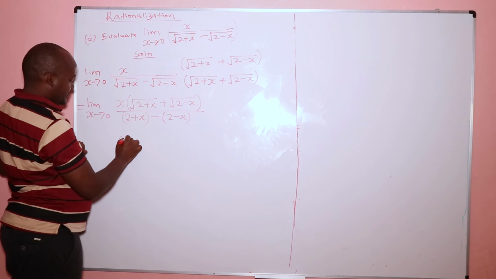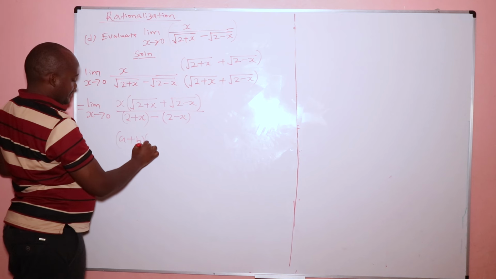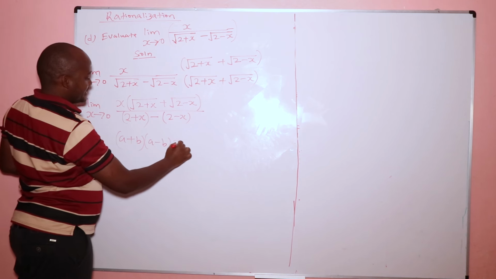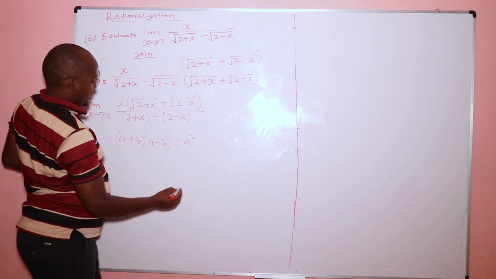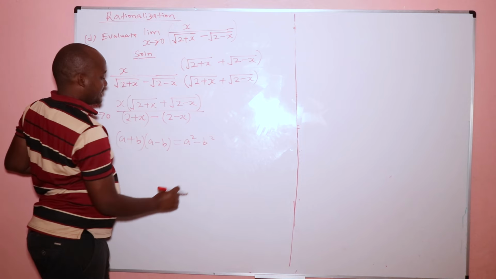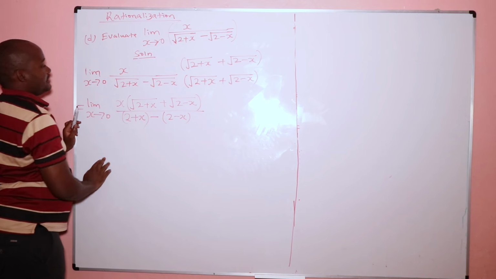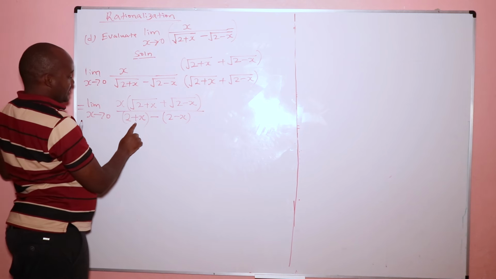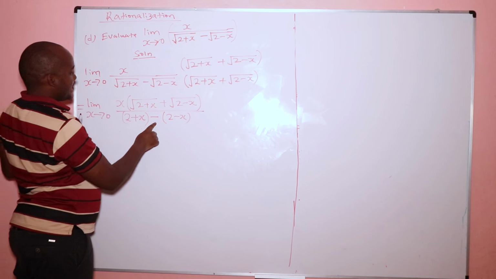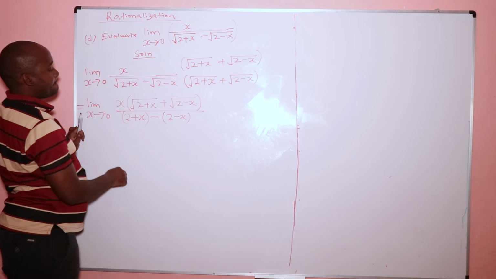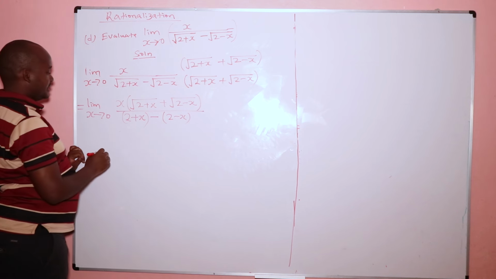So we apply this property: a plus b multiplied by a minus b is supposed to give us what? A squared minus b squared. And with that, it means that this will be 2 plus x minus 2 minus x.